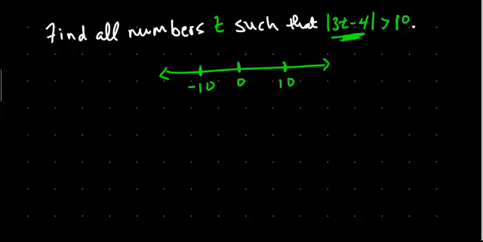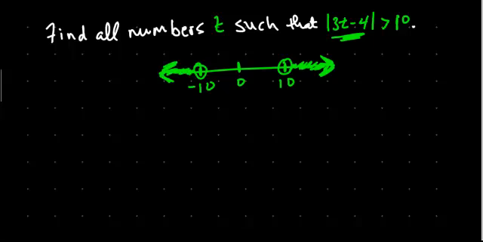And so the absolute value of something, again, I don't care what it is. It happens to be 3t minus 4, but anything that I take the absolute value of, if it spits out a number greater than 10, then it had to live out here for its absolute value to be greater than 10. Or it had to live out here.